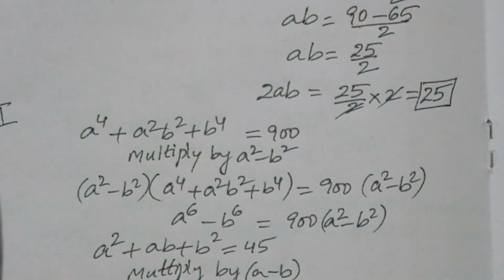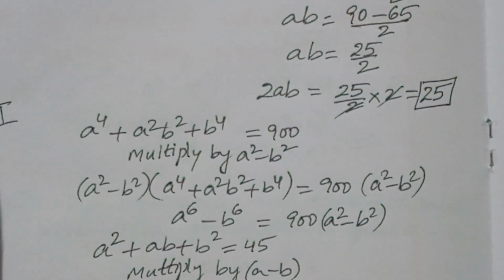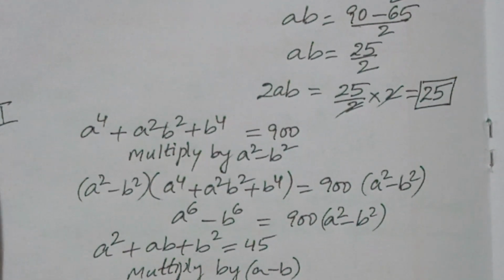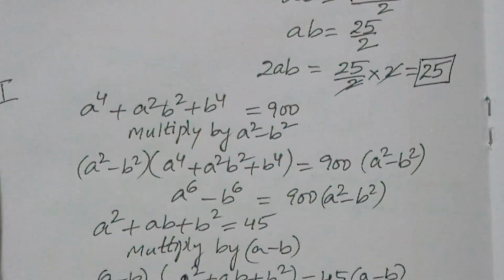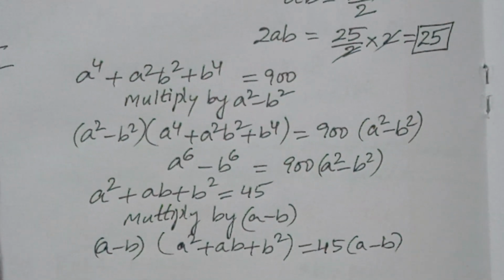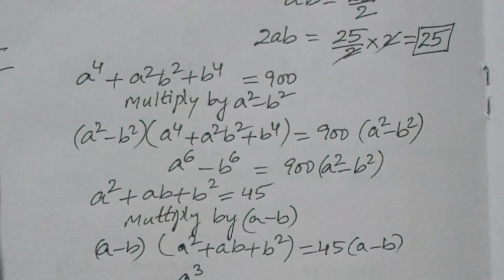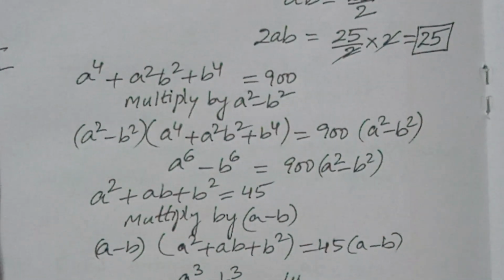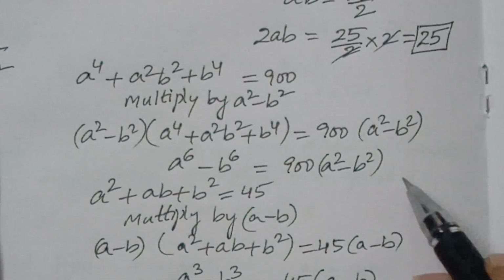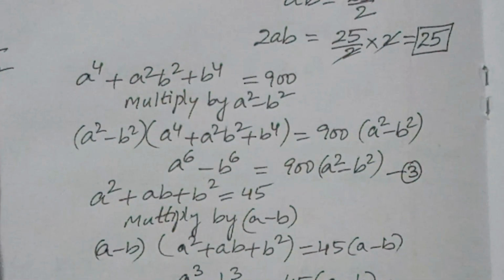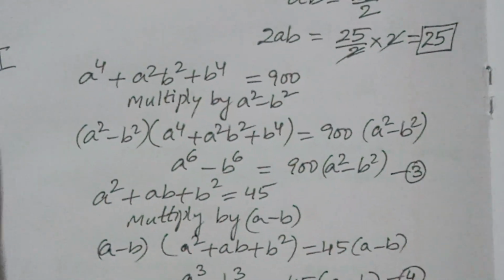A minus b into a square plus ab plus b square is equal to 45 into a minus b. Multiply by a minus b on both sides. Here we'll get a cube minus b cube is equal to 45 into a minus b. So let it be 3 and let it be 4.